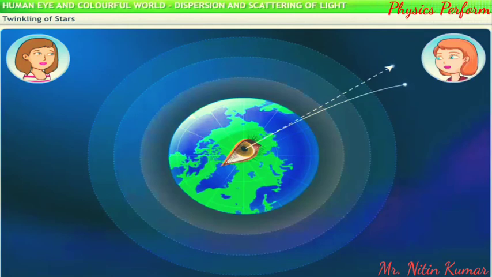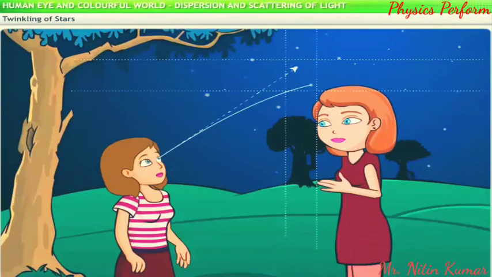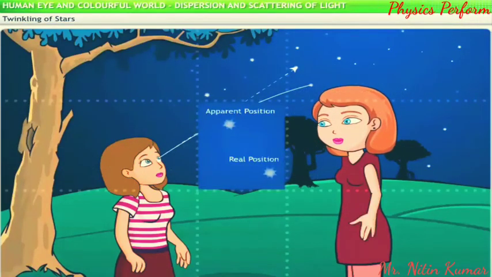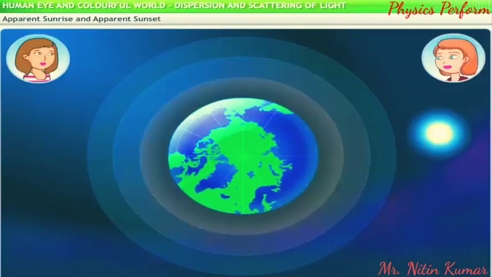Since these media or the layers of air are constantly moving, the angle of refraction of light is changing continuously. Therefore, we see the light from the stars flicker. In scientific terms, we refer to the twinkling of stars as astronomical scintillation.